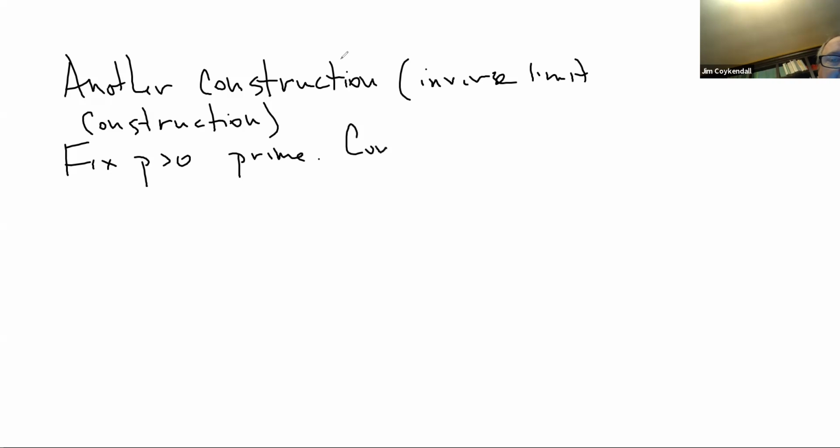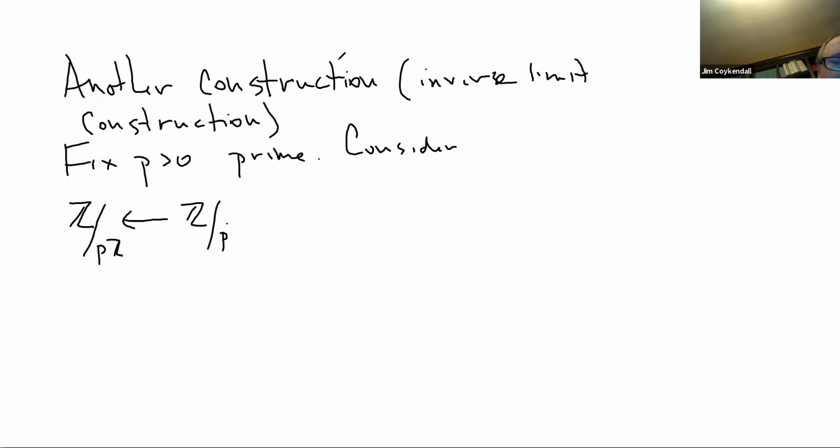Consider Z mod P Z, otherwise it's a little circular, isn't it?